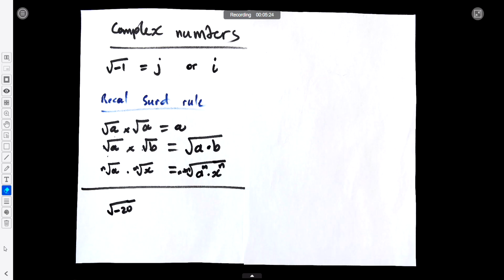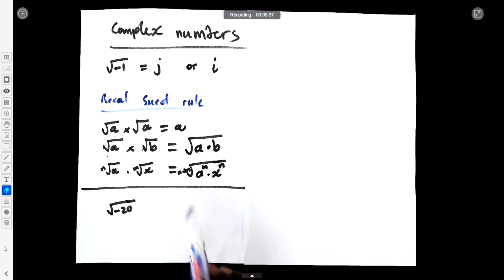So you need to try and express it in a non-real form, or as a non-real number. Because we know that the square root of negative 20, the calculator says undefined, error. So this is what we're going to do.